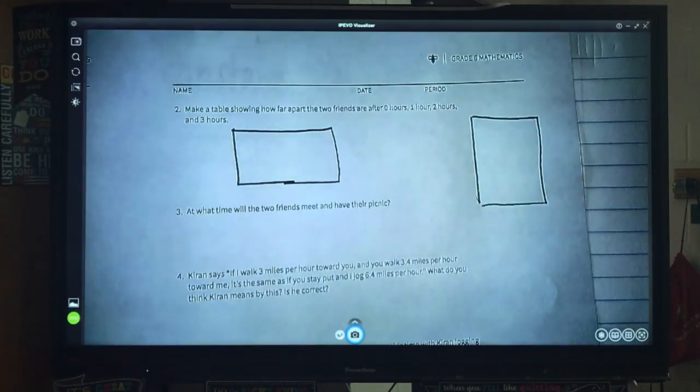You guys have 4 minutes. I disagree with you in a nice way. After the 1 hour is completed, Kieran is walking 3 miles and Claire's walking 3.4.